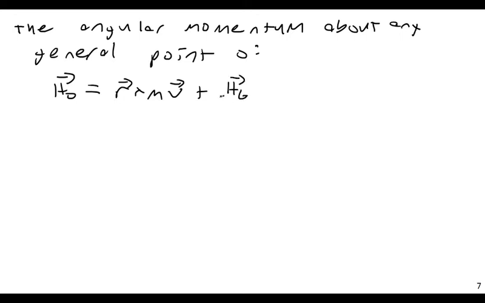So it is the angular momentum about the object's own center of mass, and then you add to this the linear momentum MV crossed into the position vector between point O and the center of mass of the object.